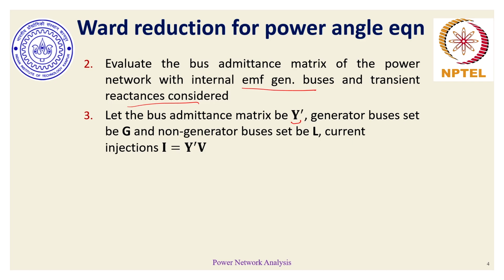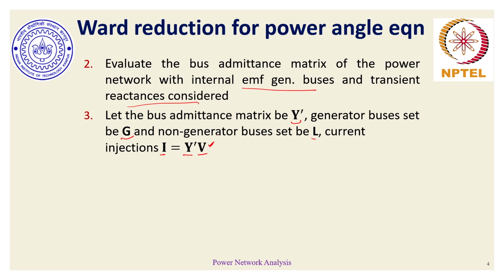Since we are focused only on generator buses, we can categorize the buses into set capital G and set capital L, where the respective current injections, which is the vector I, is associating the corresponding bus admittance matrix Y' with respect to voltages at all generator as well as load buses.